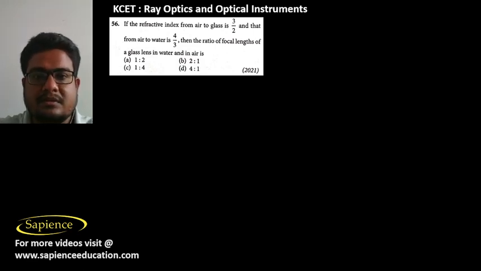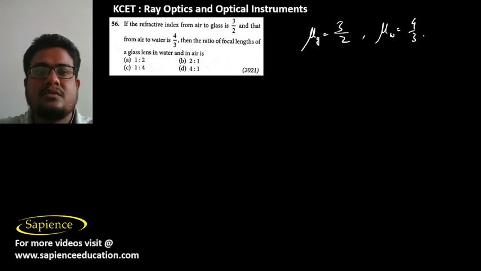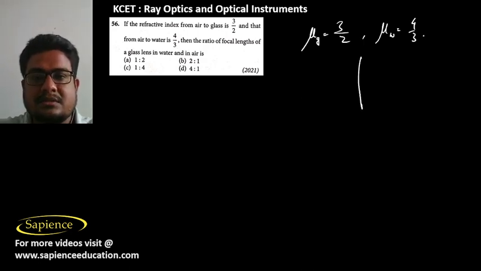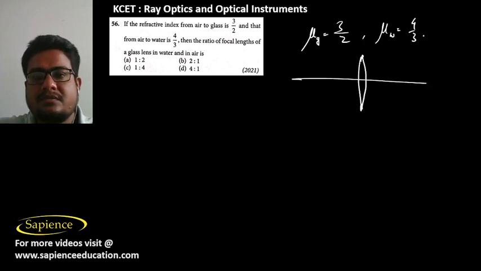The refractive index of glass with respect to air is 3 by 2, and of water with respect to air is 4 by 3. Let's say the focal length in water is f1, the focal length in air is f2. Then we have to find f1 is to f2.